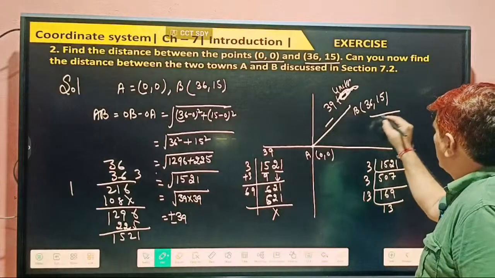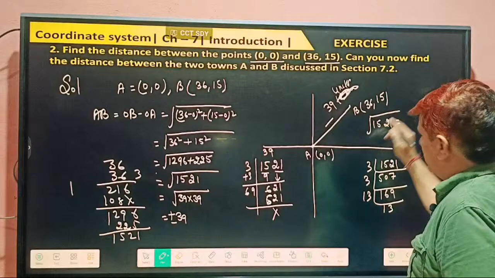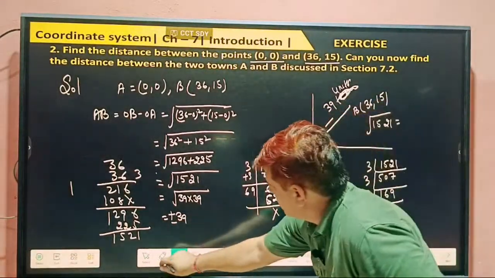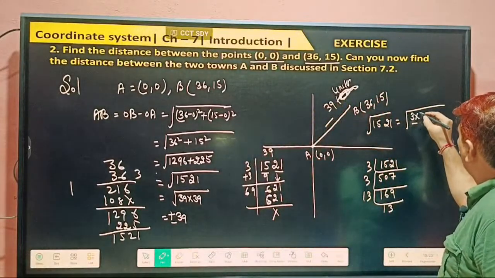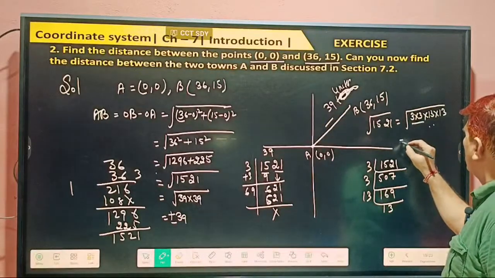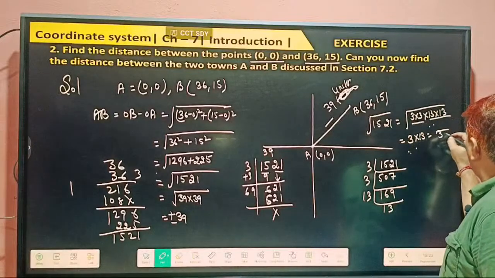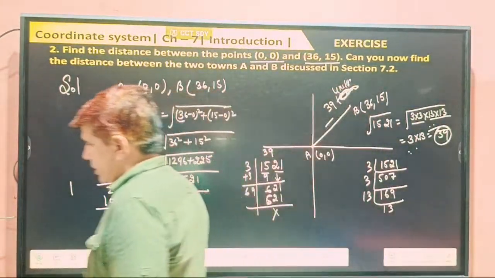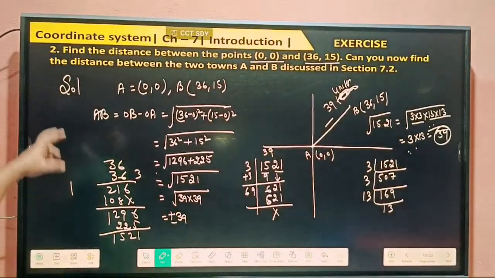So then this we can write 1,521 is equal to 3 into 3 into 13 into 13. So one pair is 3, another pair is 13. How much? 39. So the distance between these 2 points is 39. Yes or no?